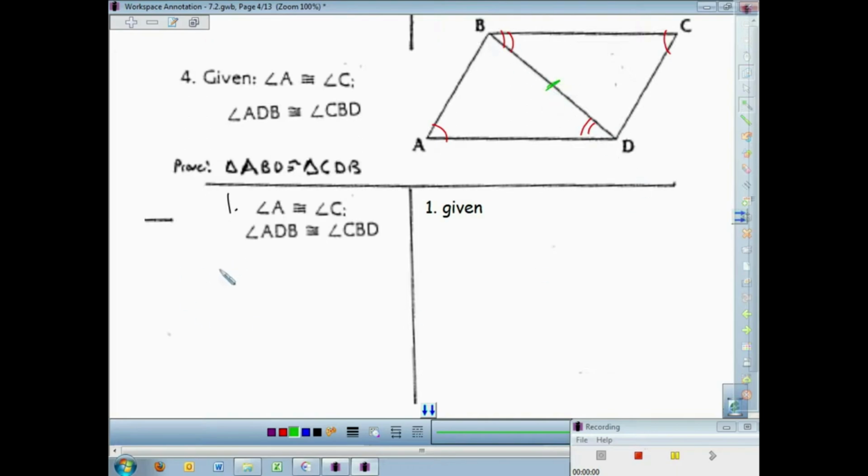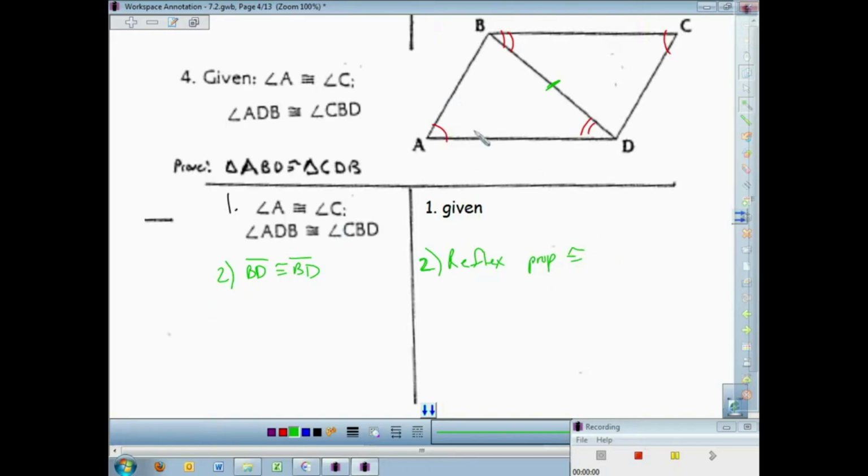So how do you write it down? Well, it's segment BD is congruent to itself. It's in both triangles, right? So segment BD is congruent to segment BD, and the reason that is happening is because of the reflexive property of congruence that says that anything's congruent to itself.